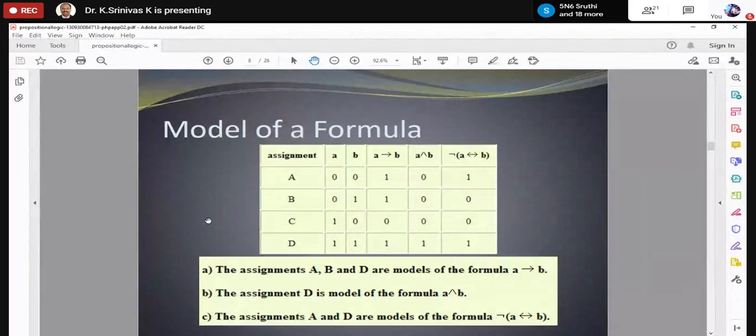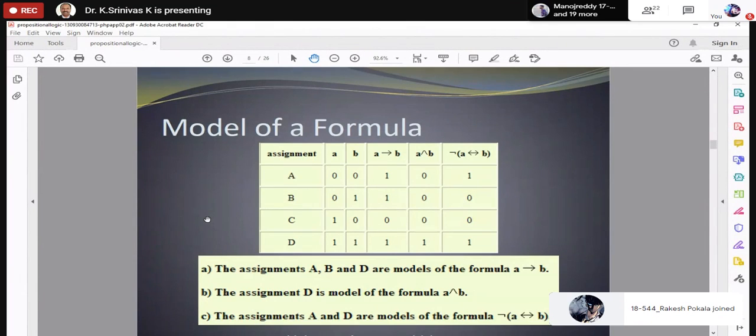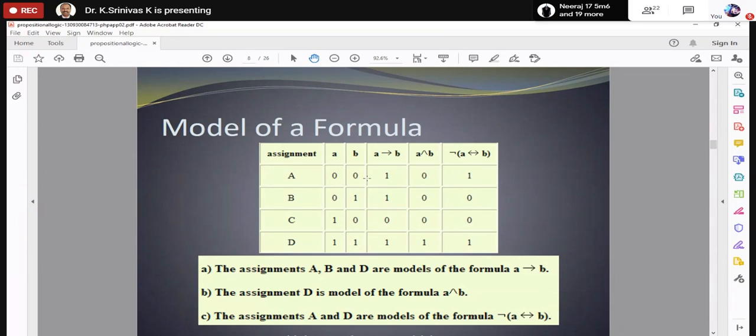Because the base of binary is 2 and the number of bits is also 2, that is 2 to the power of 2, so totally there are 4 combinations: 0 0 AB, 0 1 AB, 1 0 AB, and 1 1 AB. Since we have 4 combinations, we can take 4 assignments.